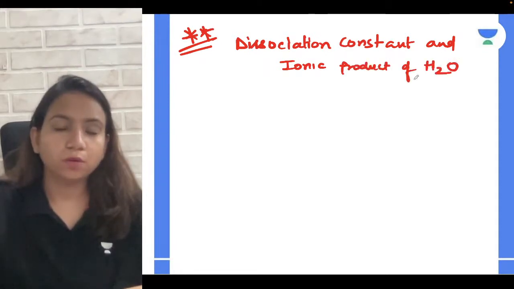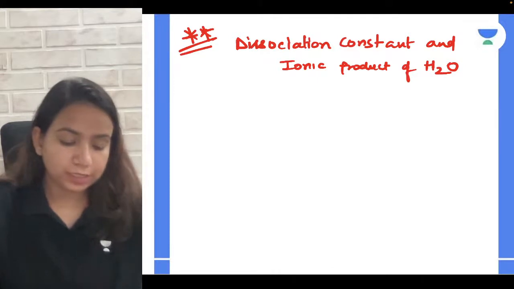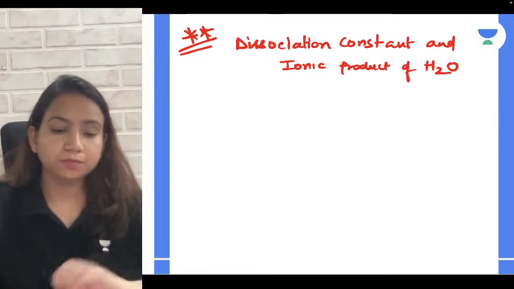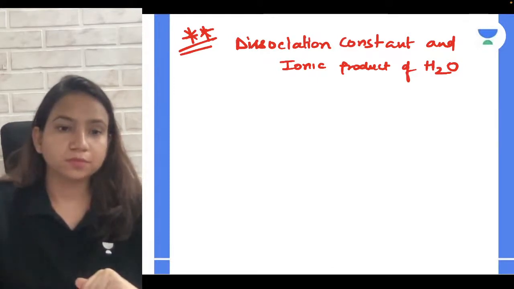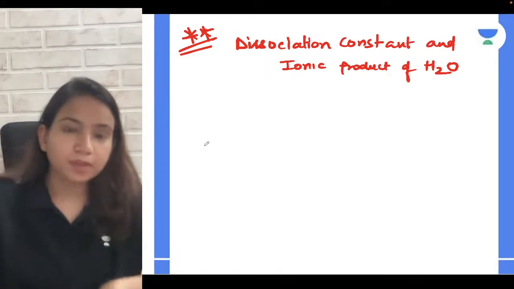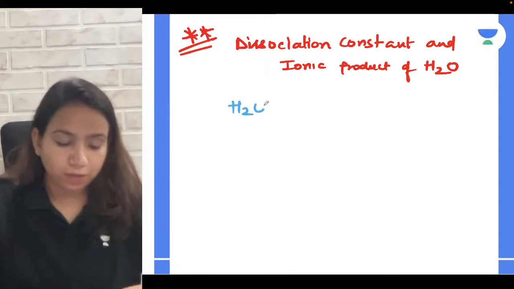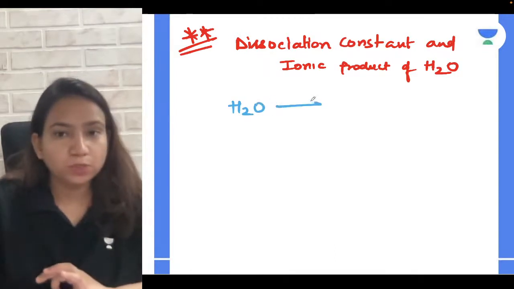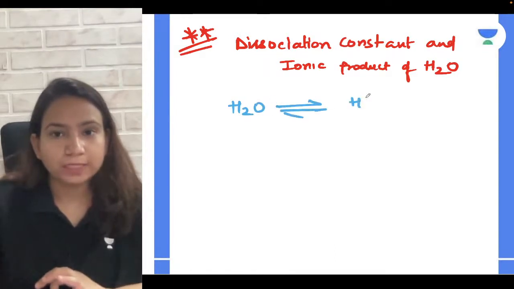So what we can understand here, guys, is a simple thing: whenever water dissociates into ions, it gives H plus and OH minus ions.